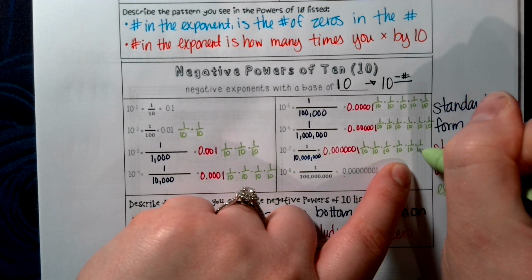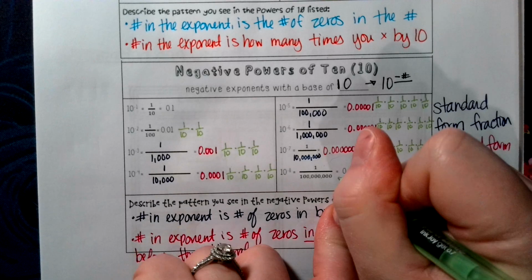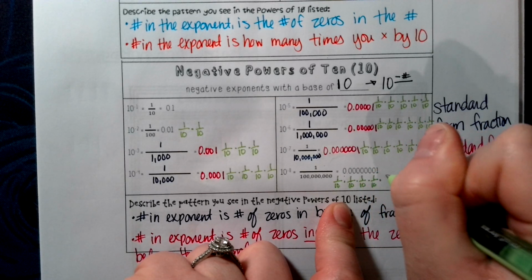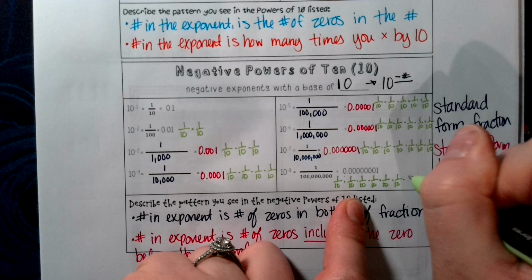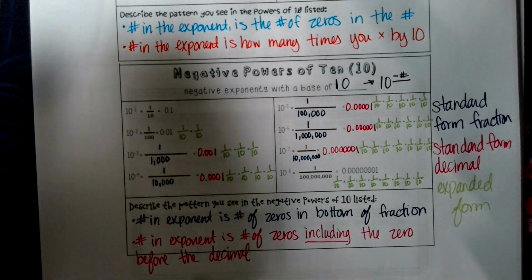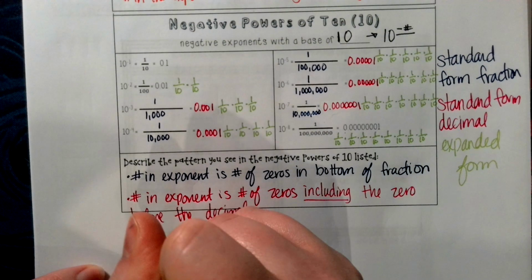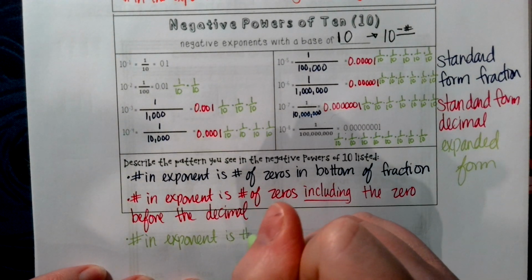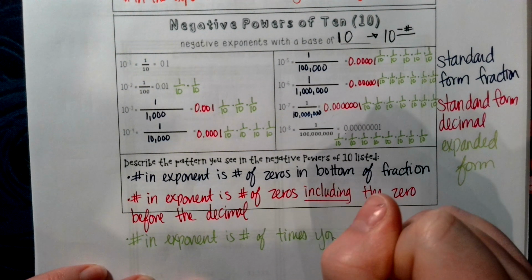And now for the 8th. Oh, good thing we don't go any higher than 8, because this is a lot of tiny little writing. 1, 2, 3, 4, 5, 6, 7, 8. Boom. And the pattern then with those numbers is the number in the exponent is the number of times you multiply by 1/10. That's a lot.